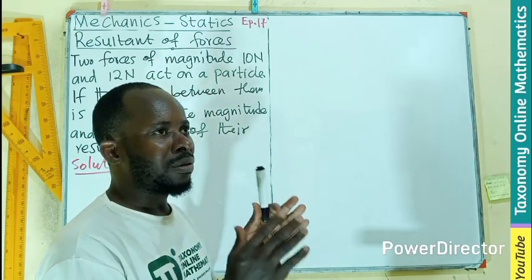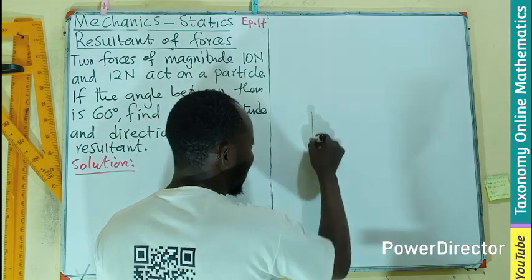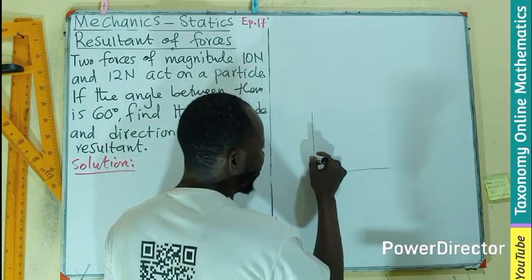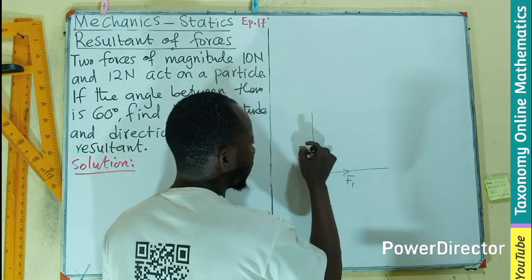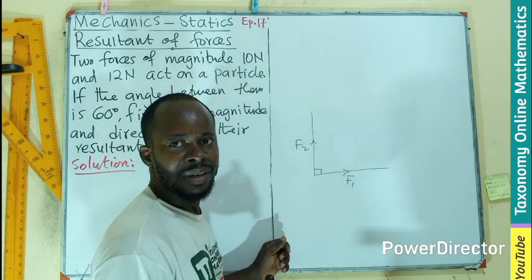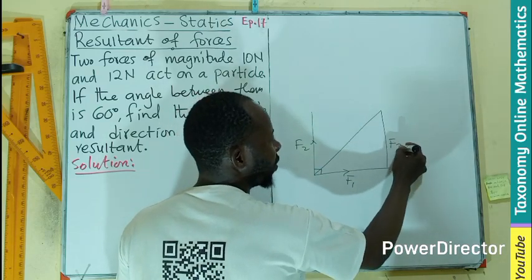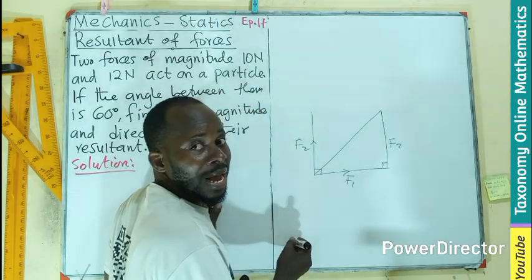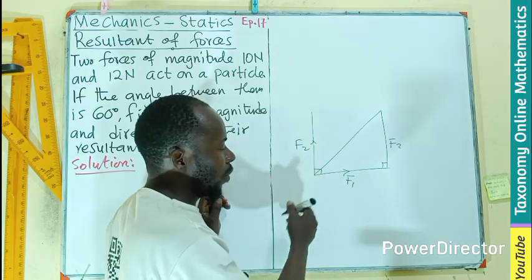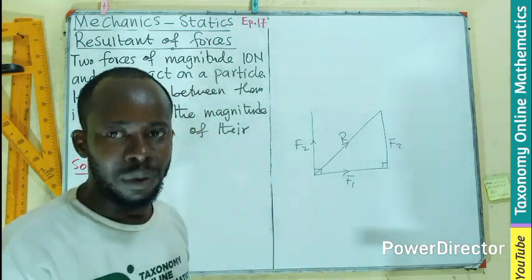Now, with what we did in the previous part, if the angle between the two forces, let's say force 1 and force 2, is 90 degrees, that means the resultant is passing here, force 2 is here, which is also perpendicular. So I will not be able to find the resultant vector using the sine rule.